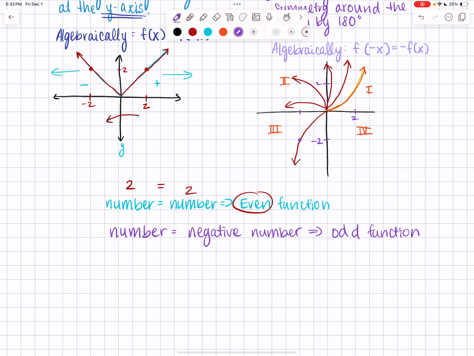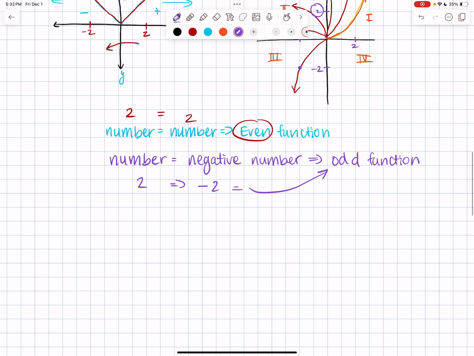So we have 2 here equals a negative number. That's when you have odd functions. Now, what if you had a number equals a totally different number? That's when you have neither. So it's neither an odd nor an even function.